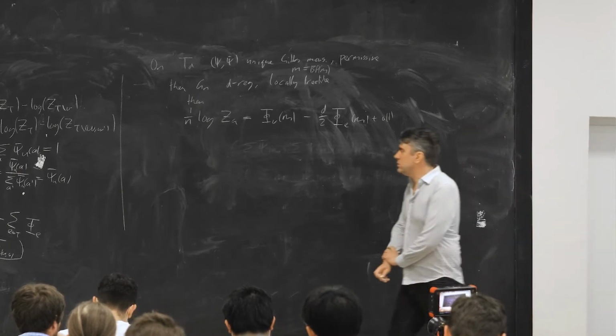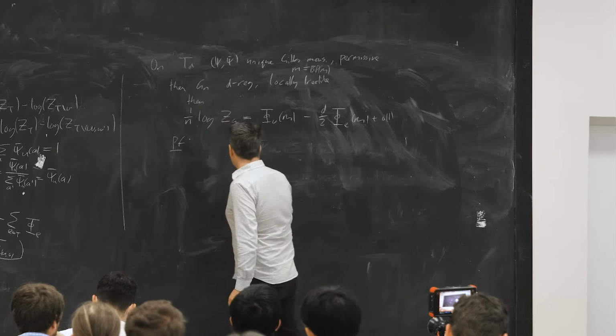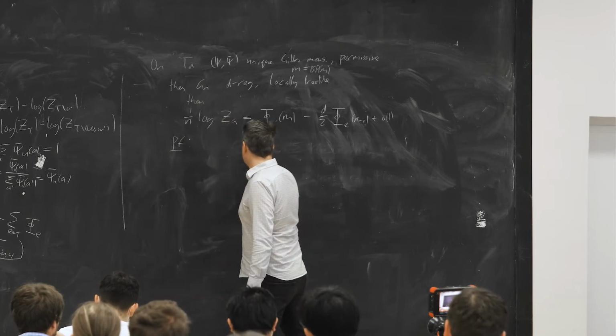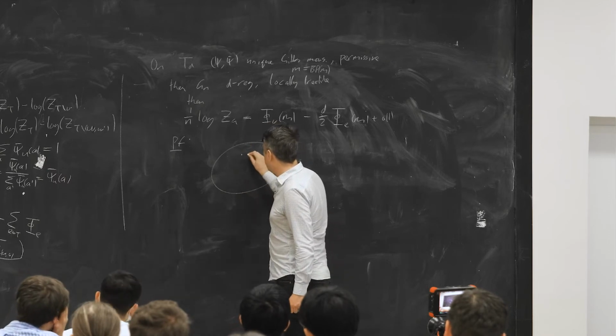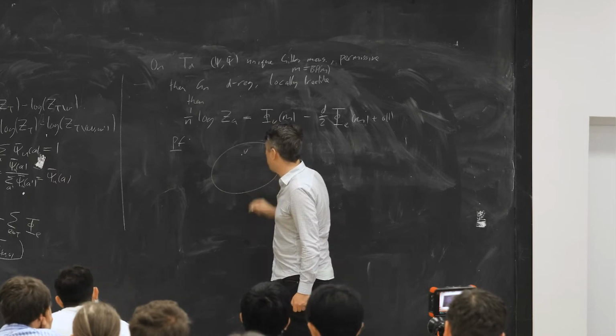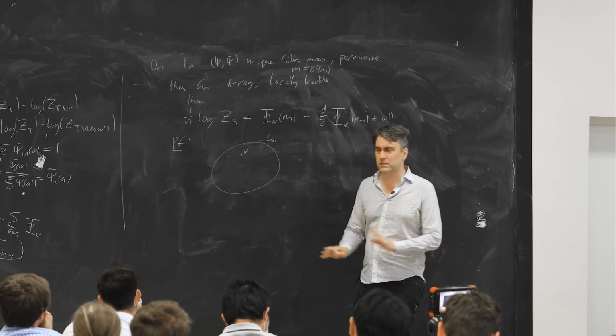So the proof is, well, let's say we have the graph Gn, and now I pick a vertex V at random, and to begin with, just assume that D is even.